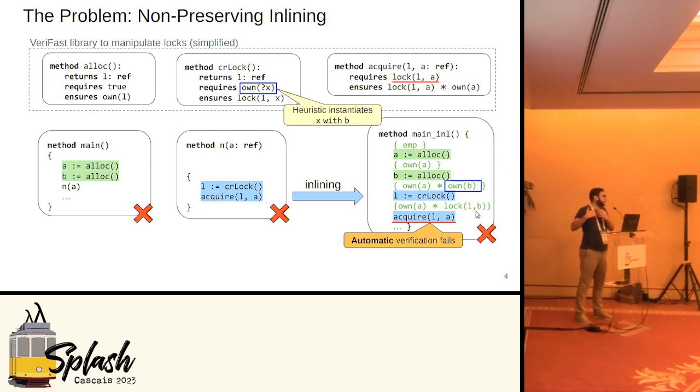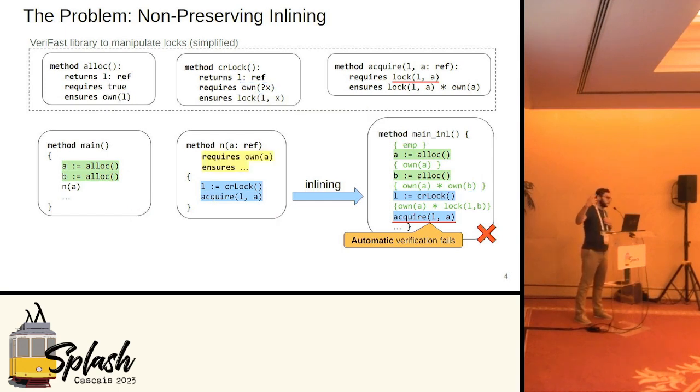So here, this is really the heuristic made the wrong choice. But if we would have written this annotation for the method in the original program, verification would succeed. So this example really shows why inlining can be non-preserving in automatic verifiers.